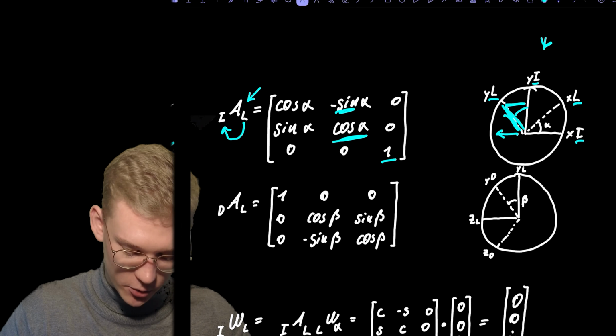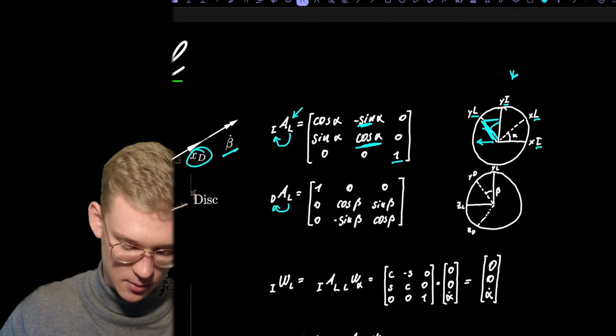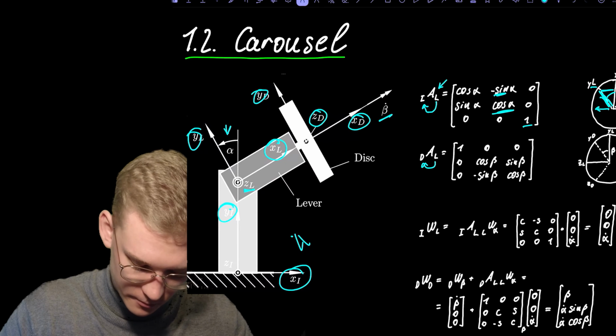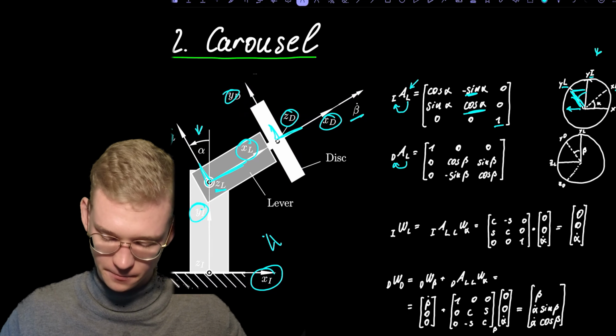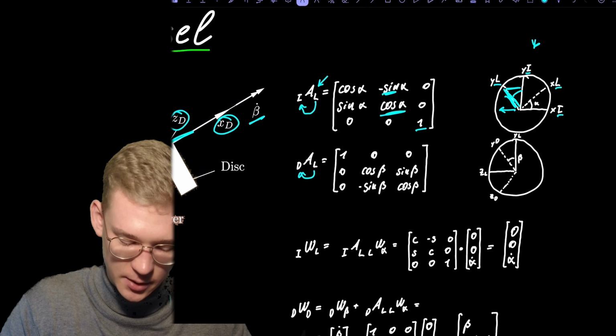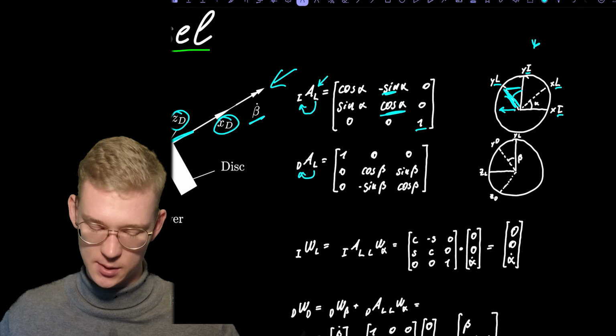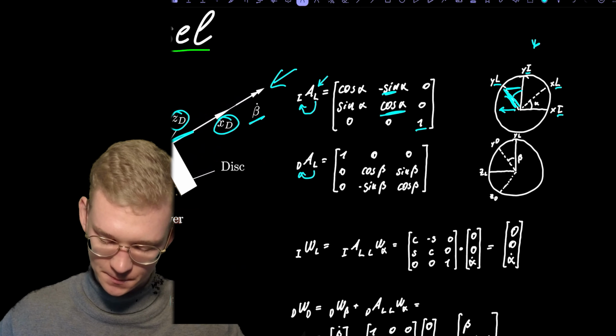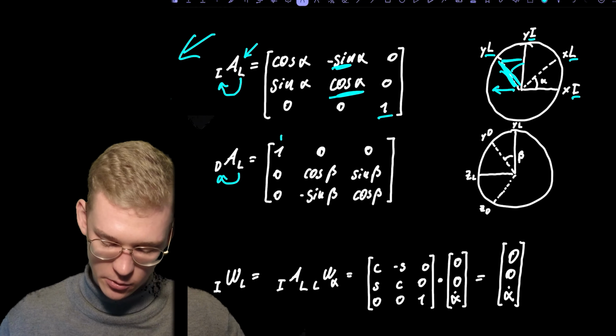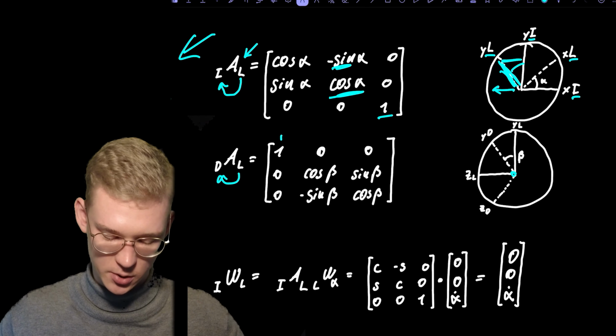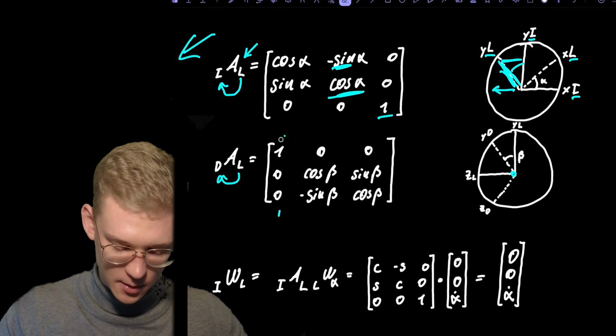Then we want to know how do we get from L to D. So from this coordinate system to that coordinate system. Here we have basically a front look, so we look from this side onto the disk. Then again, we take the unit vector x, that is just pointing, so nothing is happening in x.